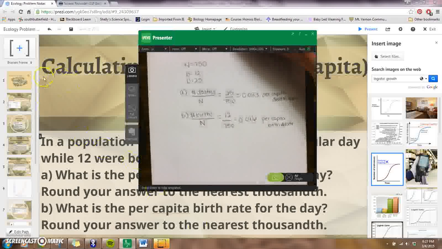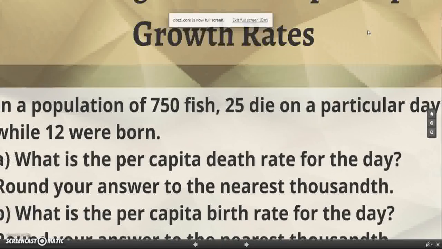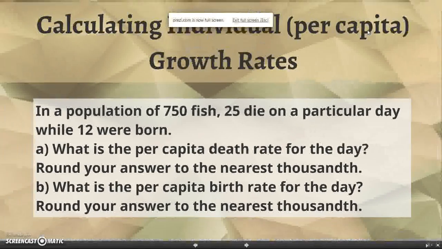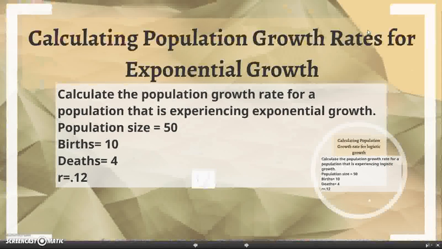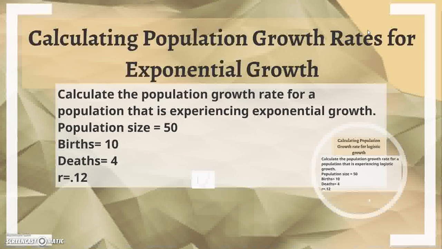Okay, so let me go back to my presentation here, my Prezi. Okay, and the next thing we're going to do, we are going to look through calculating population growth rates for exponential growth. One of the things that you need to remember is what is exponential growth.